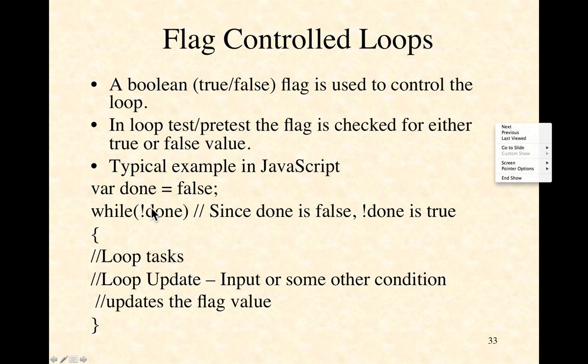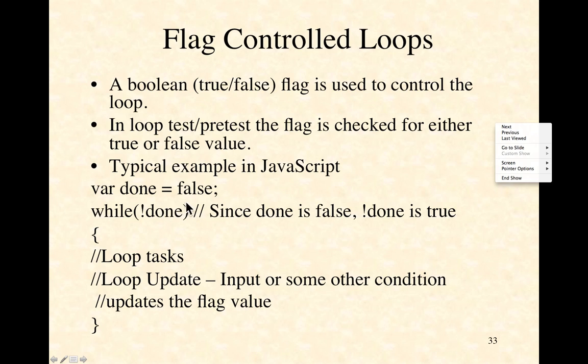As long as the flag value is not changed from false, I will do the loop task, then look for the update. If the update still keeps the flag false, I'll keep doing the loop again and again. Now the word done is very good here, because when I set it to false, not done is a very nice play on words: while I'm not done, while I'm not finished, keep doing this.